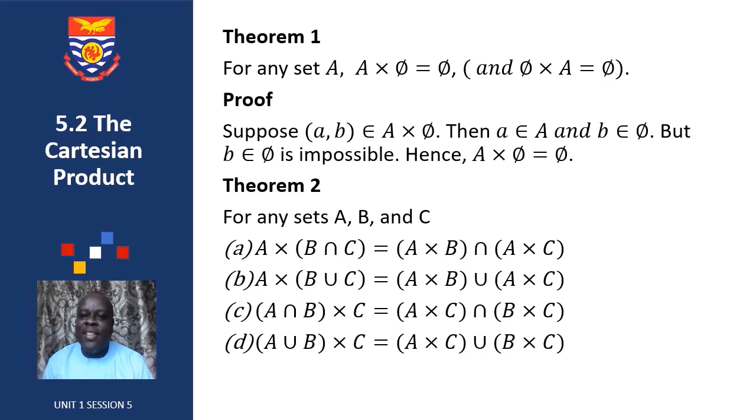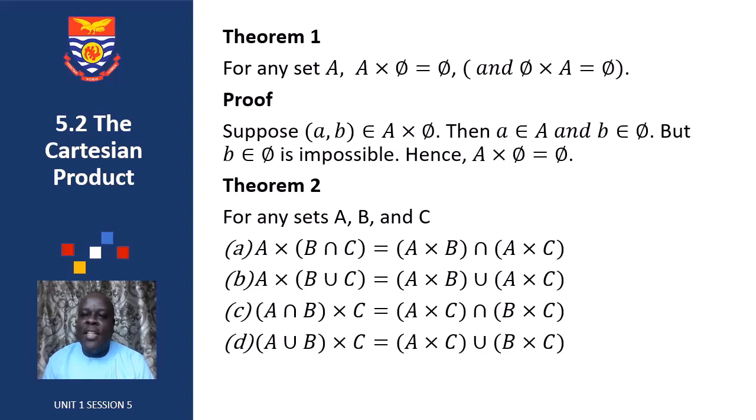The last one: (A union B) cross C is equal to (A cross C) union (B cross C).